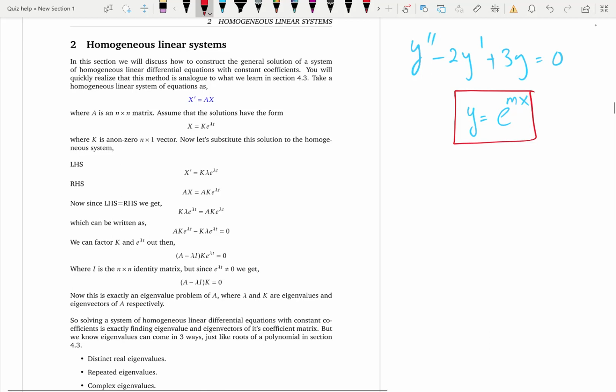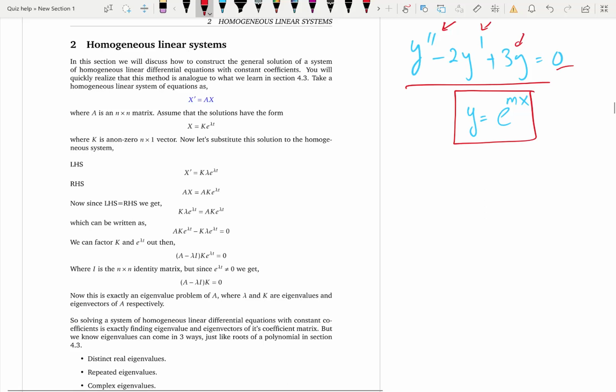Can you remember it? The reason that we choose e to the mx is that if you look at the equation, it is a combination of y and its first derivative and its second derivative. Now what the equation says is that when you multiply them by constants and add these things up, eventually you should get 0, right? So what that means is y, y prime and y double prime look alike.